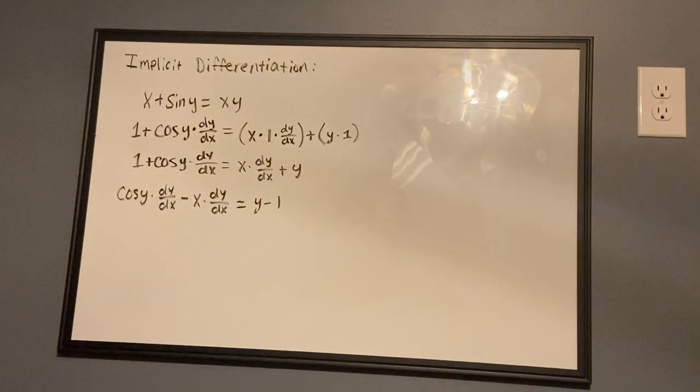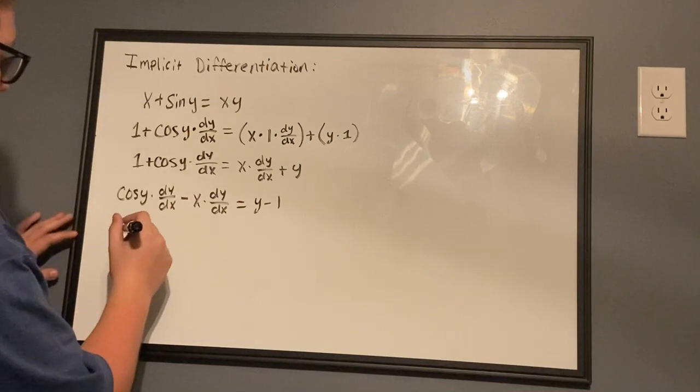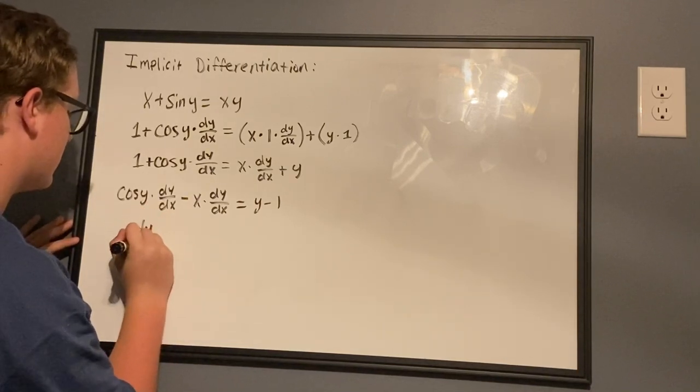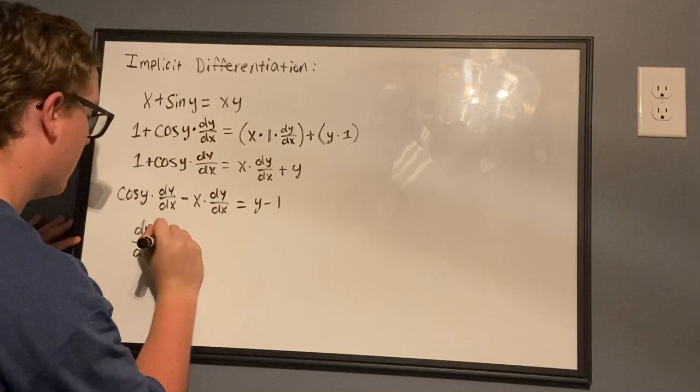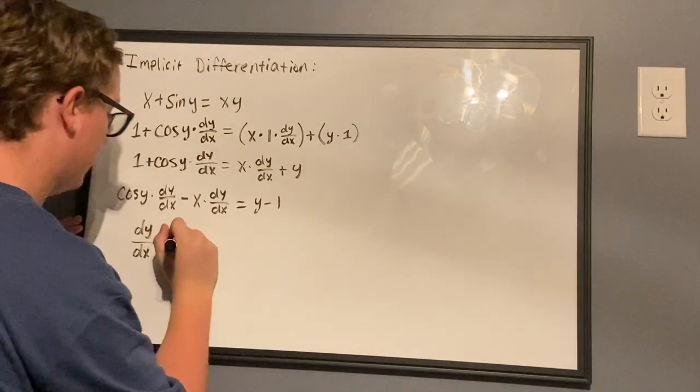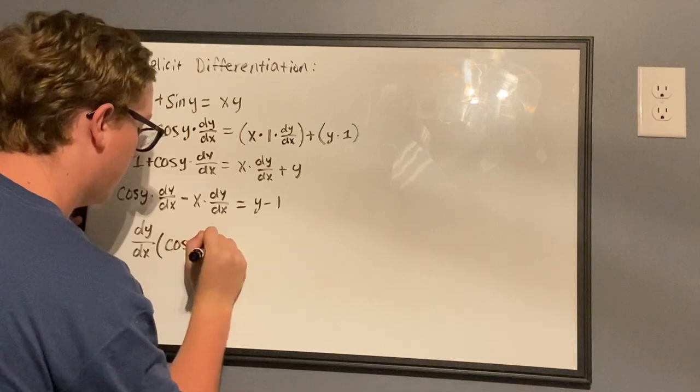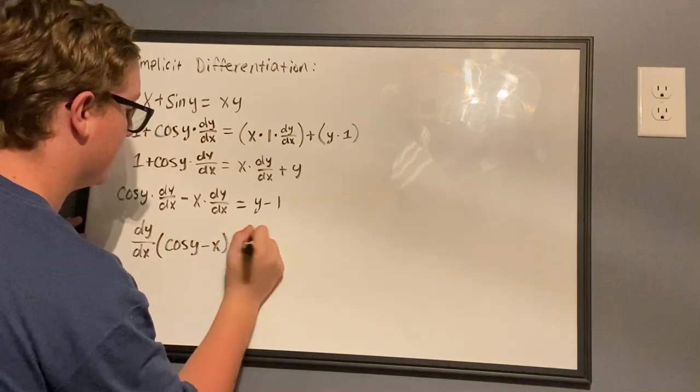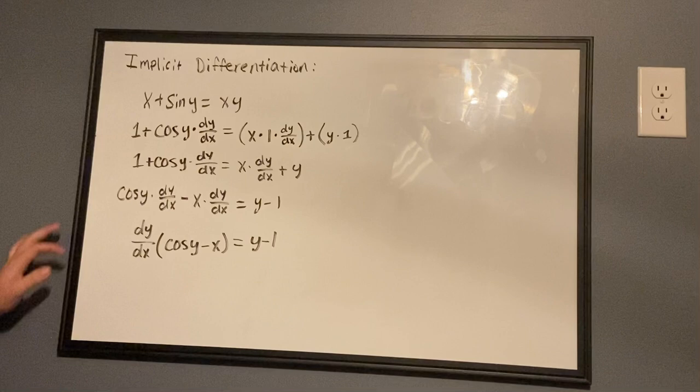So now we have our dy dx's on one side. Remember, we can factor those out now. So now we have dy dx on the outside multiplied by what's left. So we have cosine y minus an x. Cosine y minus x is equal to y minus 1.